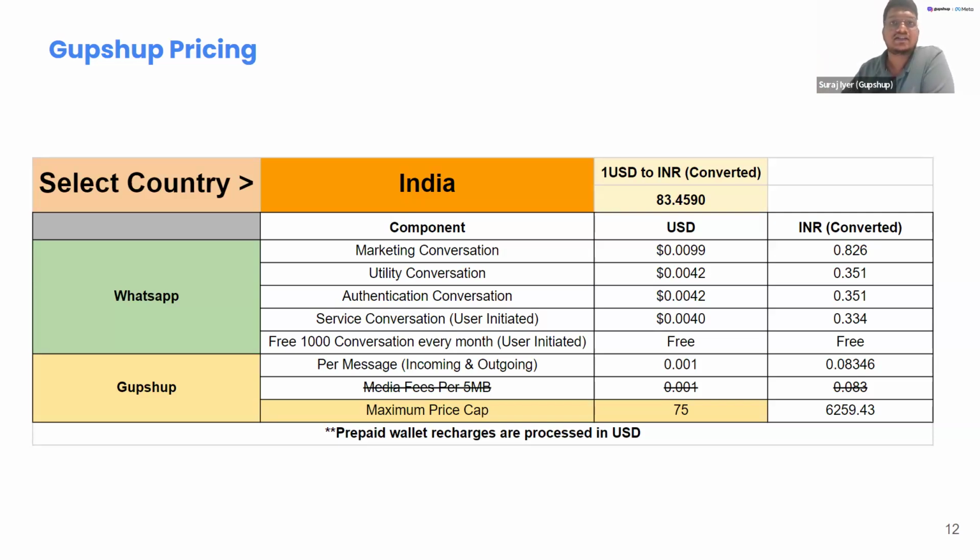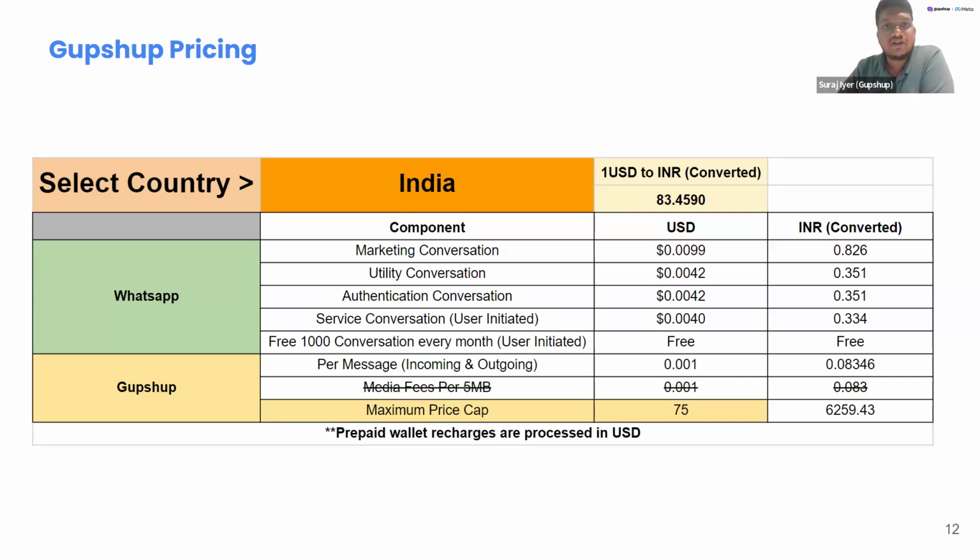Say, today at 1 o'clock, you send a marketing template. You have time until tomorrow 1 o'clock to send as many marketing templates as you want to the same user, and you will not be billed by WhatsApp again. WhatsApp will only charge you once in every 24 hours.